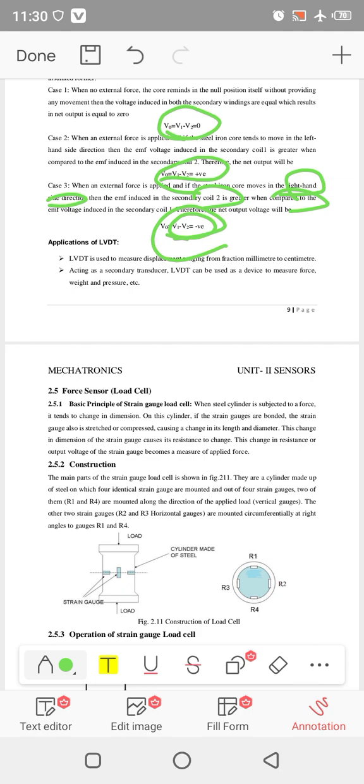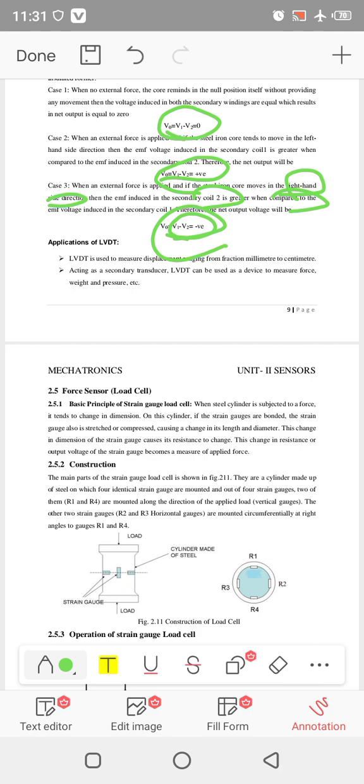This means it doesn't directly measure the displacement of an object. It is also used to measure force, weight, and pressure. This is all about displacement sensors.